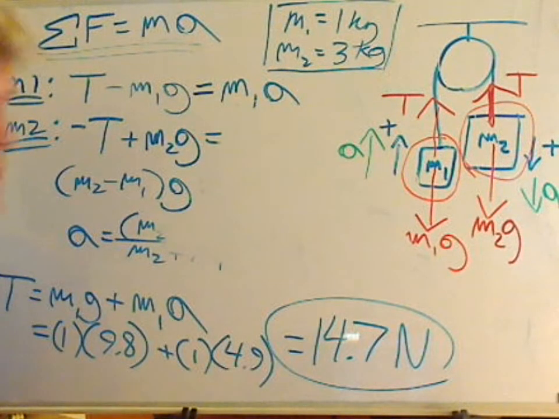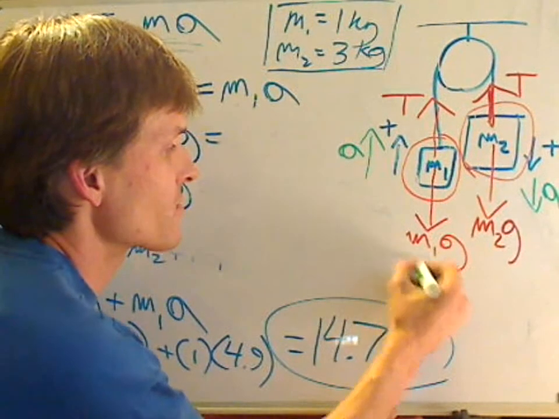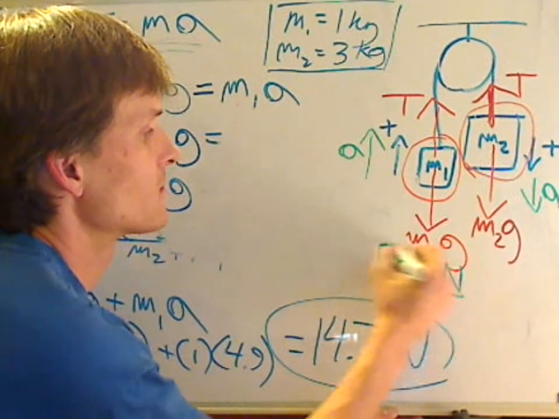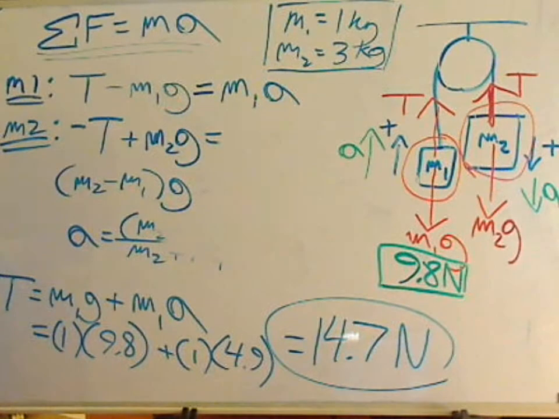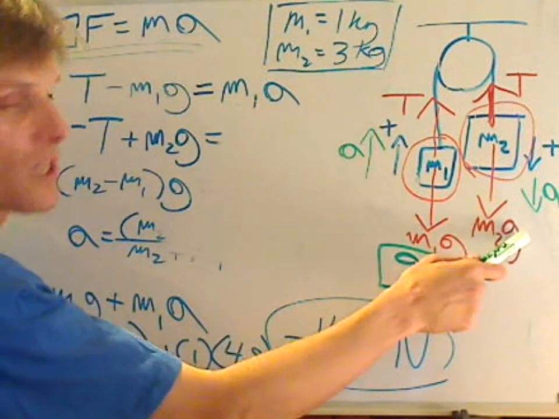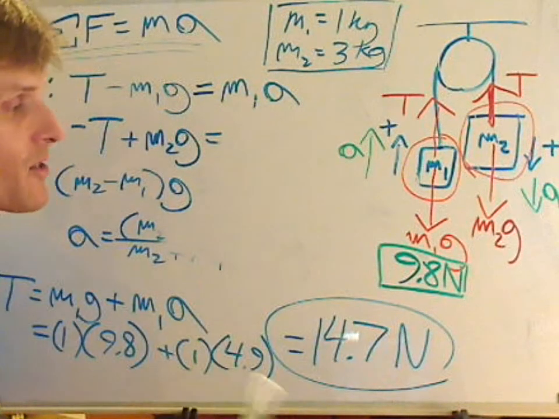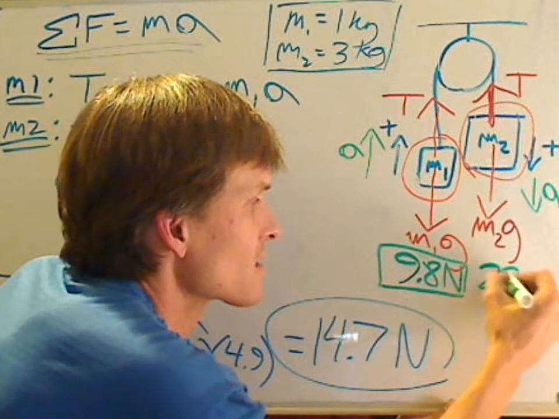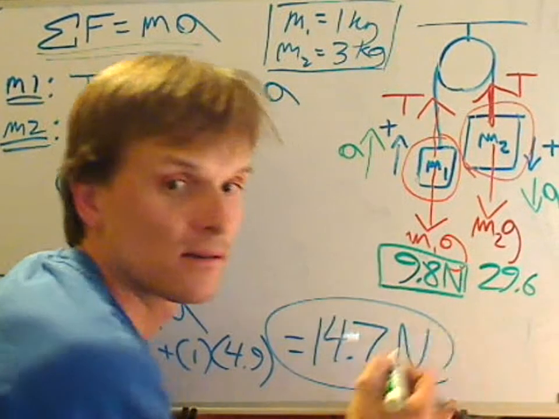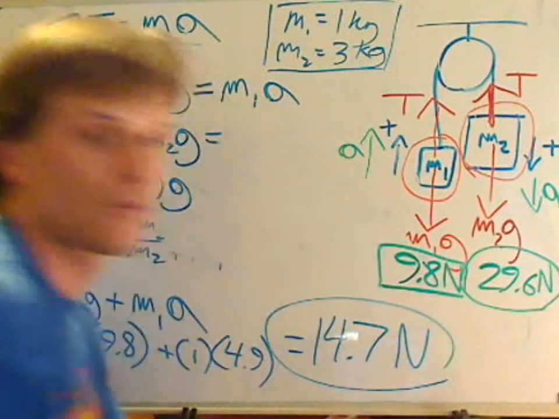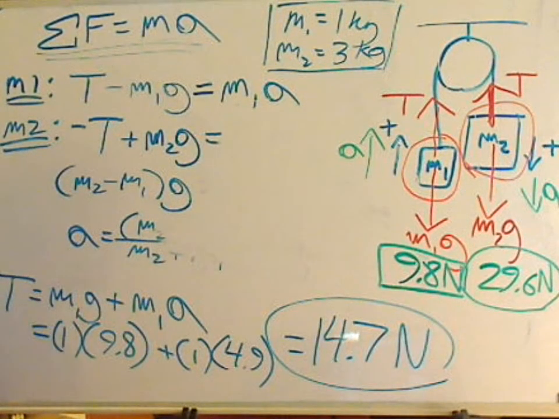So this value is 9.8 newtons. Okay. Now what is M2G? Well, M2 is 3, g is 9.8. So that gives you the number 29.4 newtons for M2G.